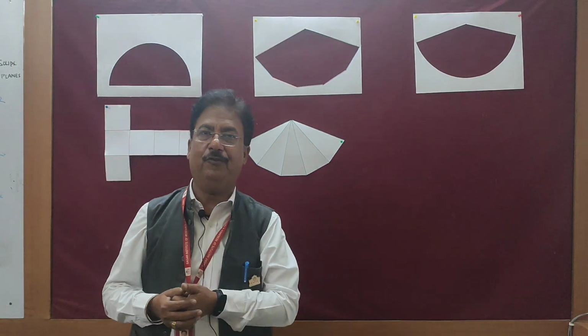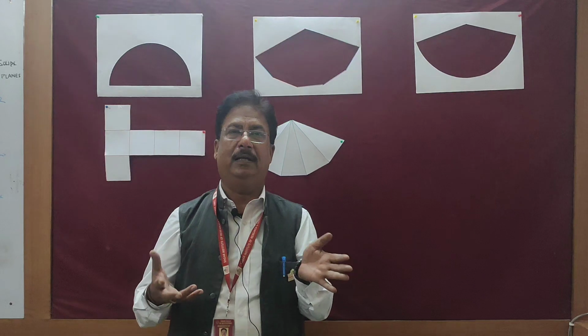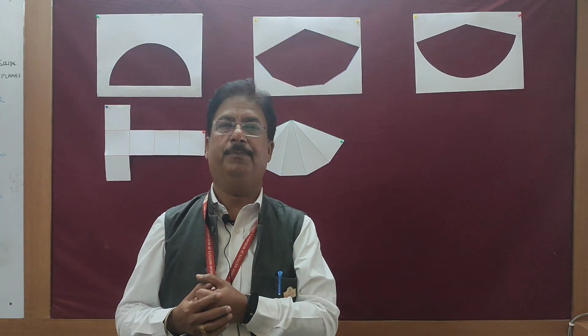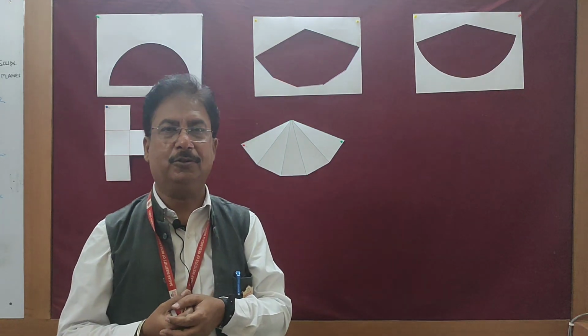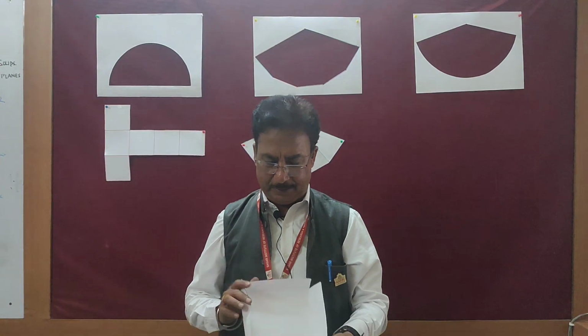But suppose I want to develop the lateral part of a sweet box, the lower part. The easiest way is, if I give that sweet box to a child, what he or she will do is just cut the box along the edges and open it.